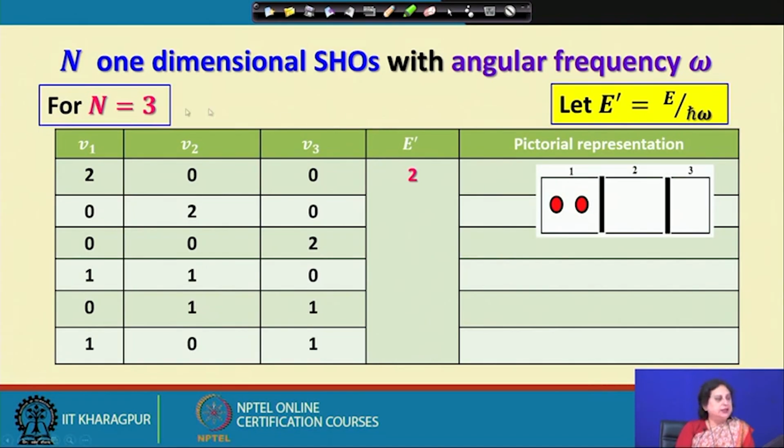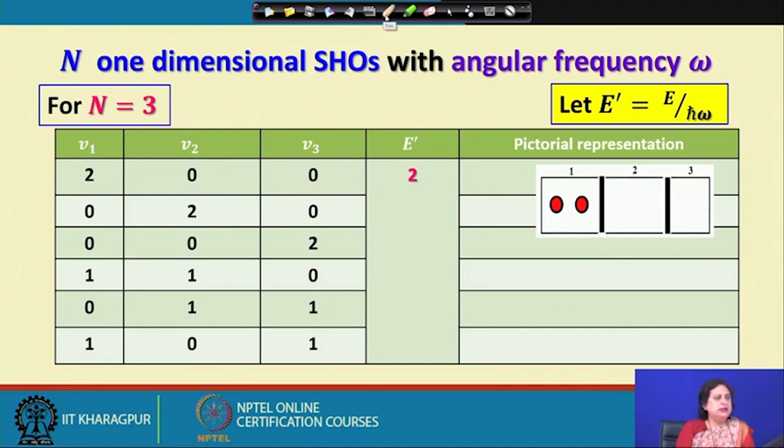Oscillator 1 has 2 quanta of energy associated with it, and therefore there are 2 red balls representing the 2 quanta of energy in compartment 1, allocated to oscillator 1. These 2 do not have any additional energy other than the zero point energy, and therefore, since each red ball represents a quantum of energy over and above the zero point energy, I do not have anything here.